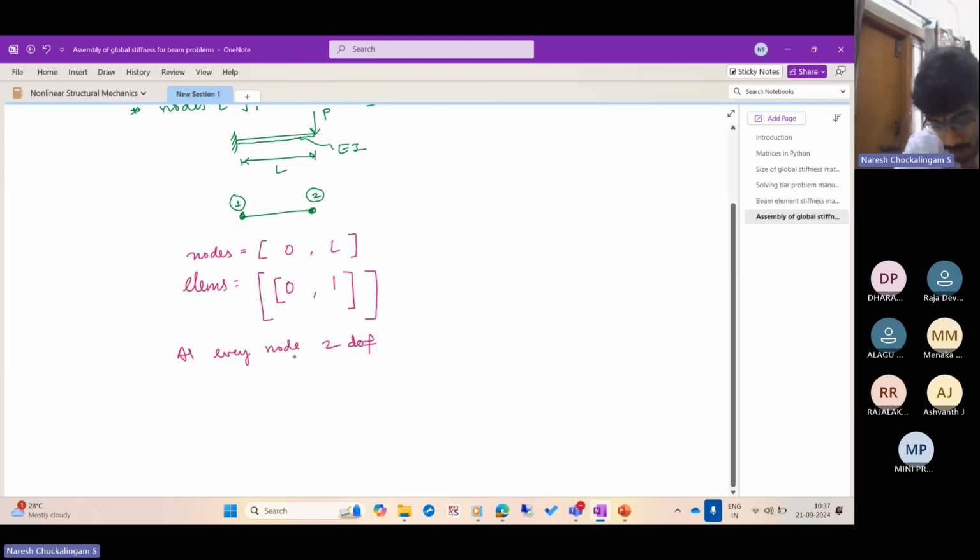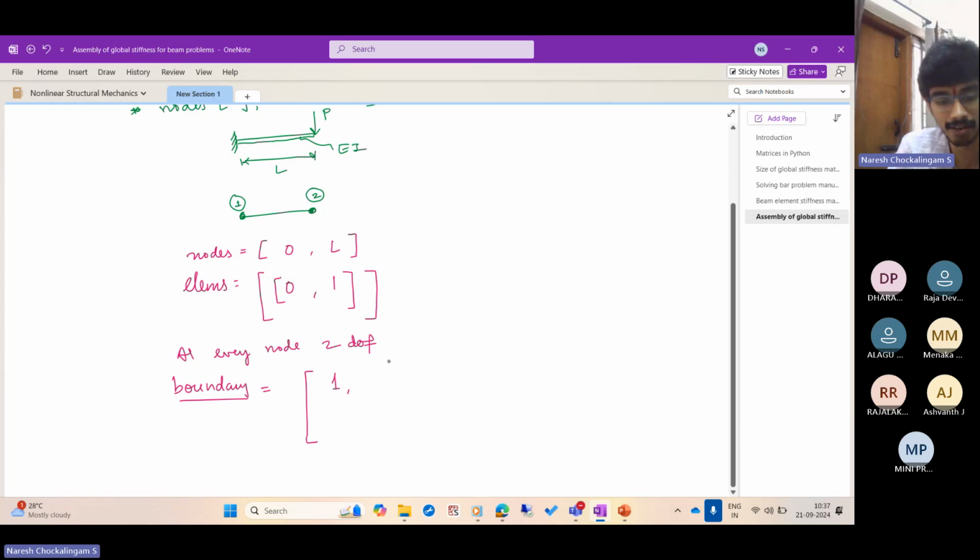So let me define the boundary condition matrix this way. At node 1, I am restraining the displacements as well as rotations.